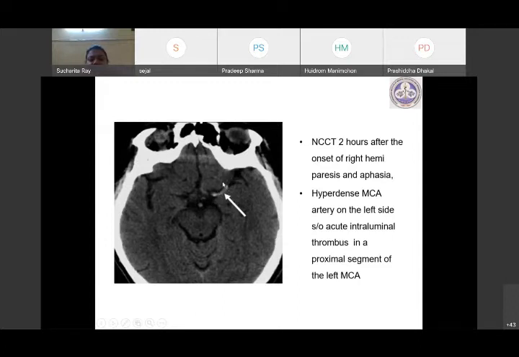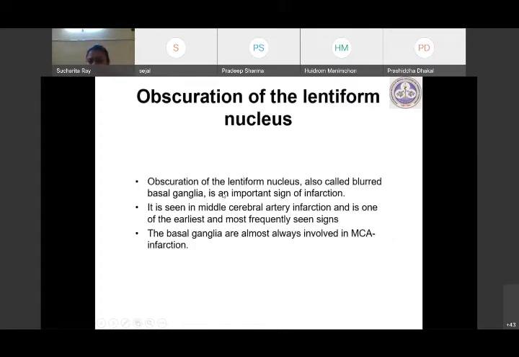Look at the cleft of the MCA. The white arrow points towards a hyperdense MCA on the left side. This suggests the presence of a thrombus inside the lumen of the vessel. This usually pertains to a higher stroke severity, but it is one of the acute signs of stroke.